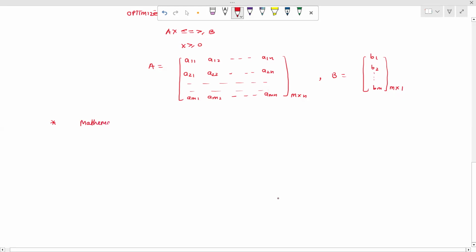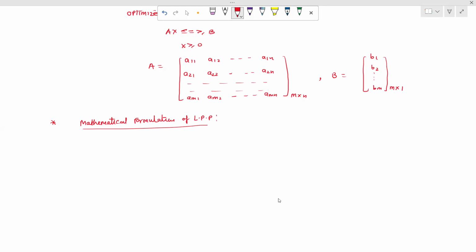Now we start the mathematical formulation of LPP. So how to do the mathematical formulation and solution? For doing the mathematical formulation, we also need to do the solutions. Some theoretical questions are given, some case study type questions are given. So we do the formulation of that, then we do the solution of that.